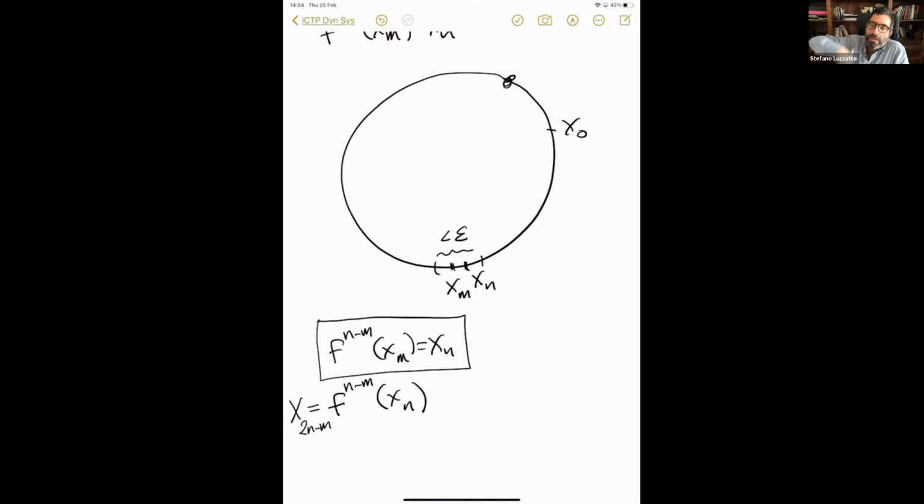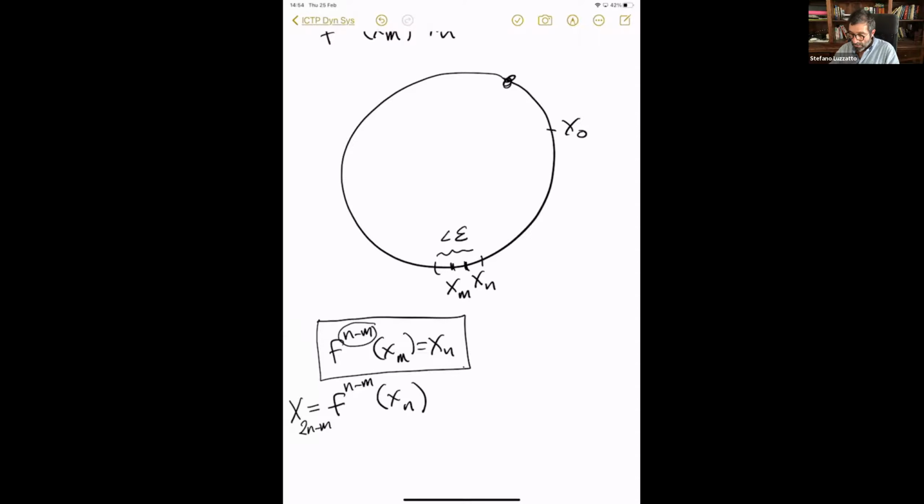So if you take a rational rotation, 1 over 100, for example, then when you iterate 100 times, you come back exactly where you started from. So what this is saying is that when you iterate n minus m times, you come back almost exactly where you started from.